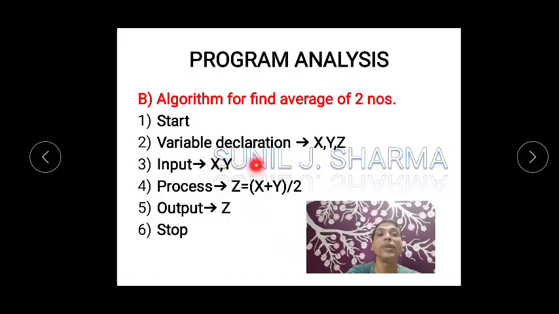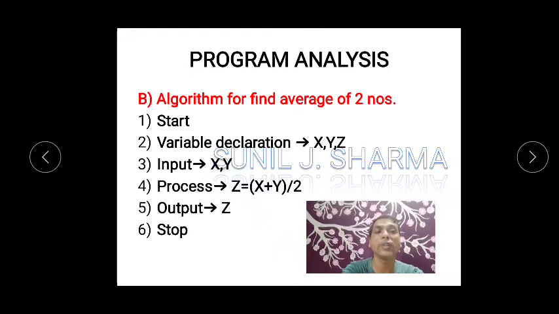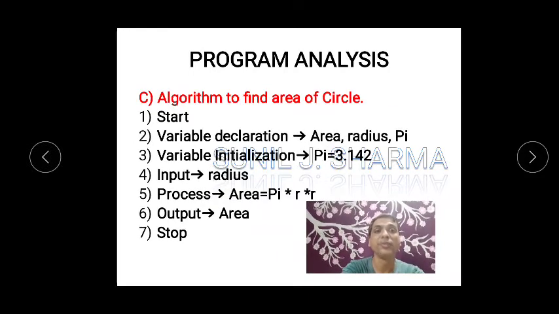Input will be X and Y. Everyone knows the formula: (x + y) / 2, because we are finding the average, and the answer will be stored in Z. These are very simple algorithms, but as we go on we will go with some complex algorithms also.